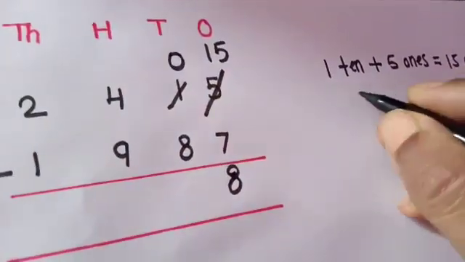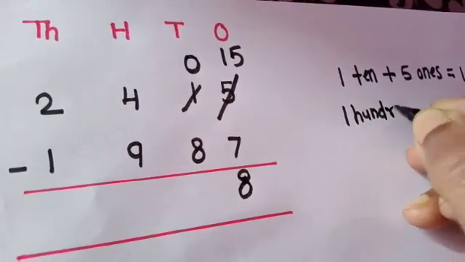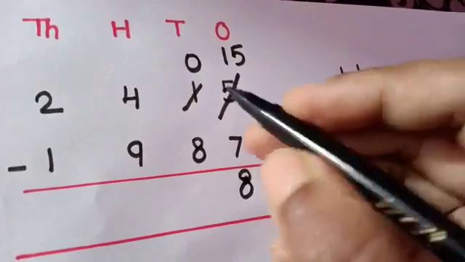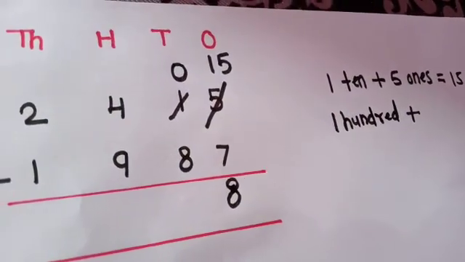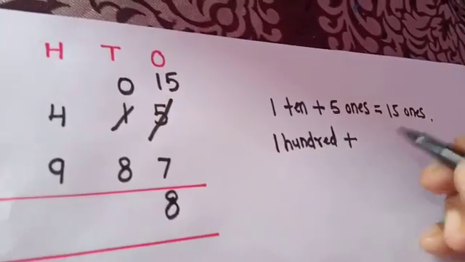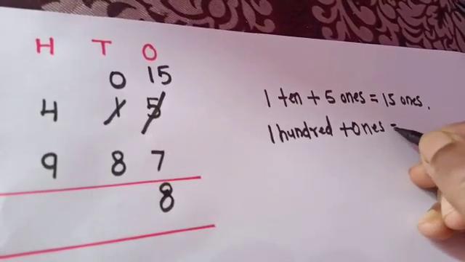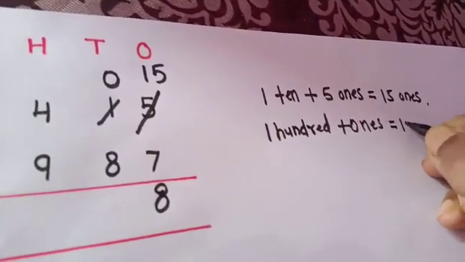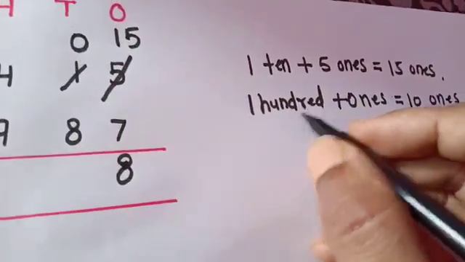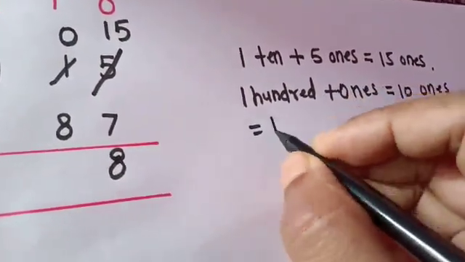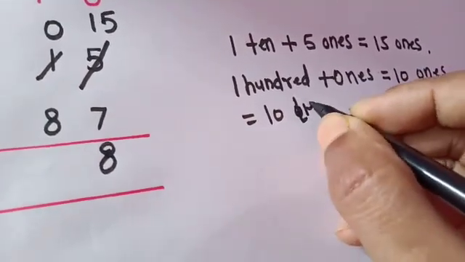So 1 hundred plus 0 tens is equal to 10 tens, because 100 means 10 tens.